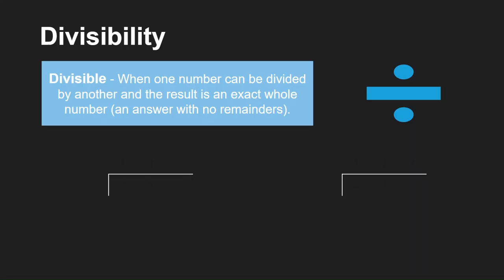That's a remainder. If that happens, it is not divisible. But let's say you divide 8 by 2. 2 can go into 8 4 times, and that goes in there 4 times perfectly. There's nothing left over. 2 times 4 is 8. 8 divided by 2 is 4. There's no remainder. That would mean it is divisible.